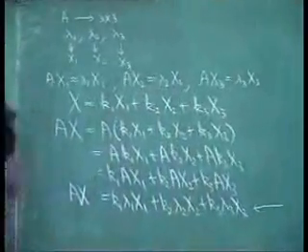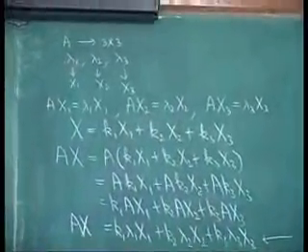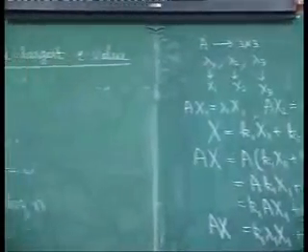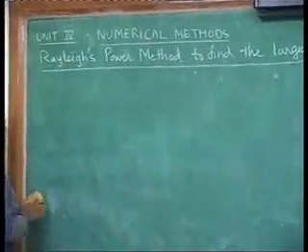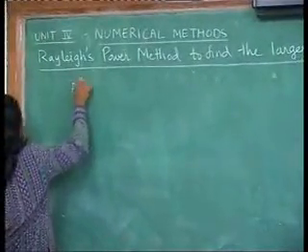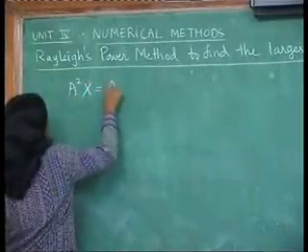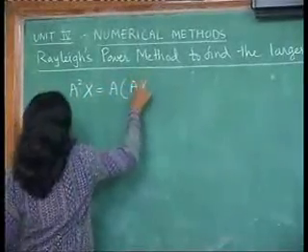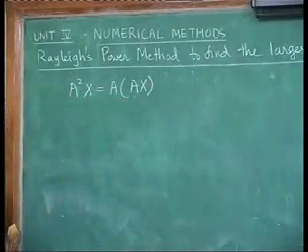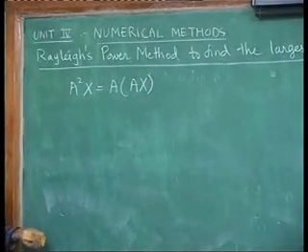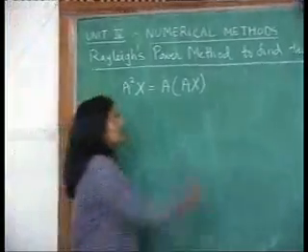Let me again calculate A square times x. Why I am doing this will be clear very shortly, so till then bear with me. A square x is A into Ax. A square is A multiplied by A. Matrix multiplication is associative, so it doesn't really matter where I put the brackets.